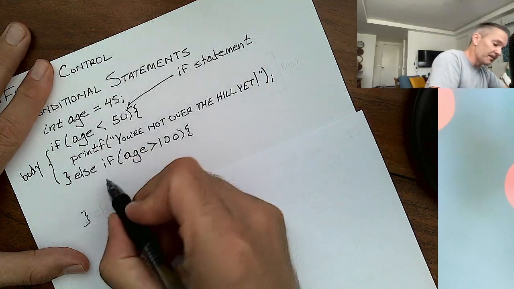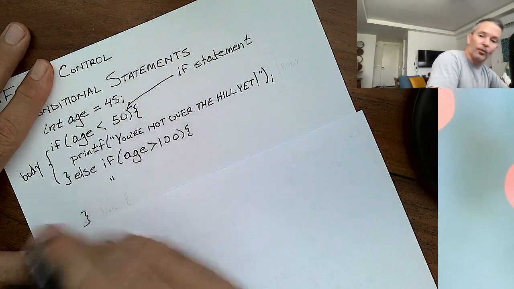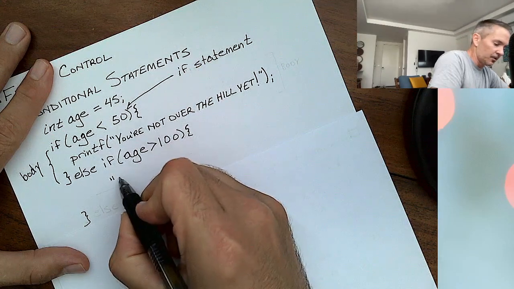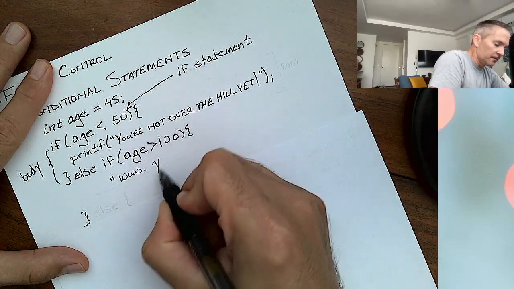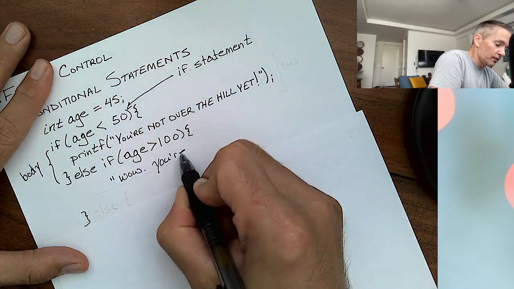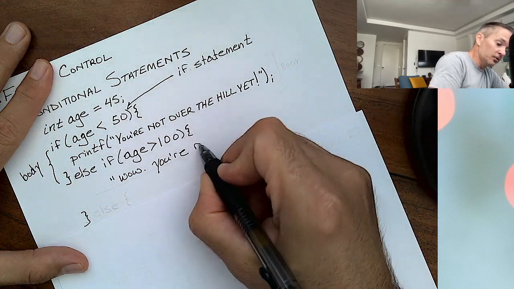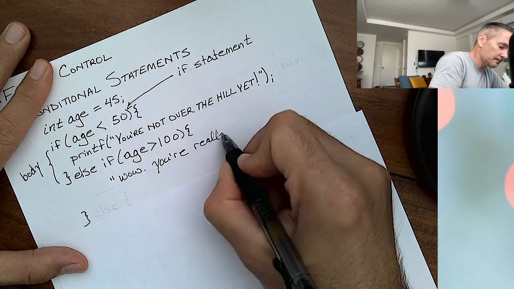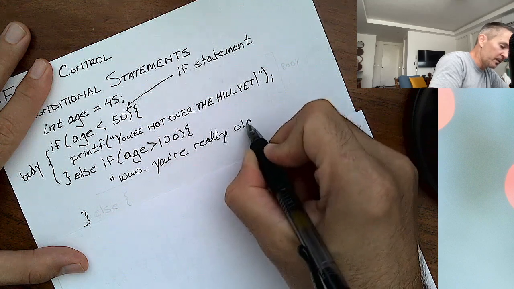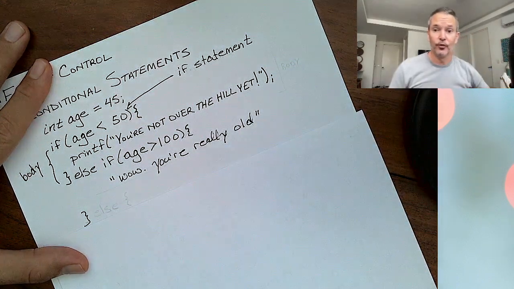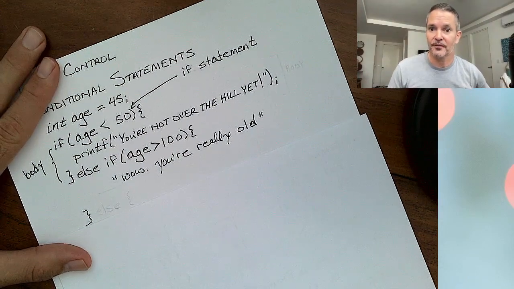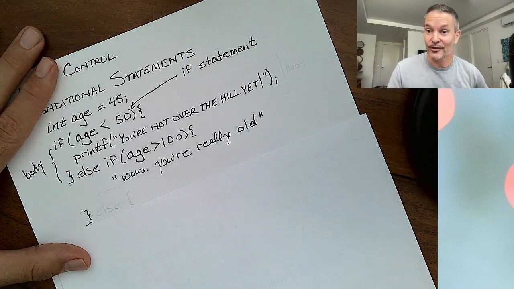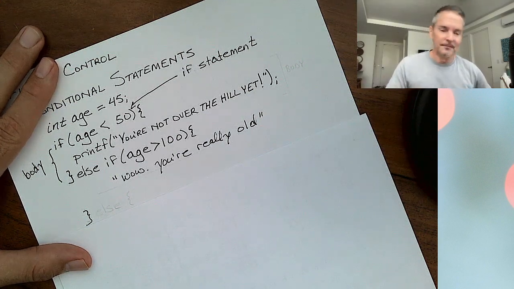I might print something out like, and I won't write the whole statement, but something like, wow, you're really old. Or maybe we might want to print, you represent 0.5% of the living population, because it's very rare to be 100 years old or over 100 years old.